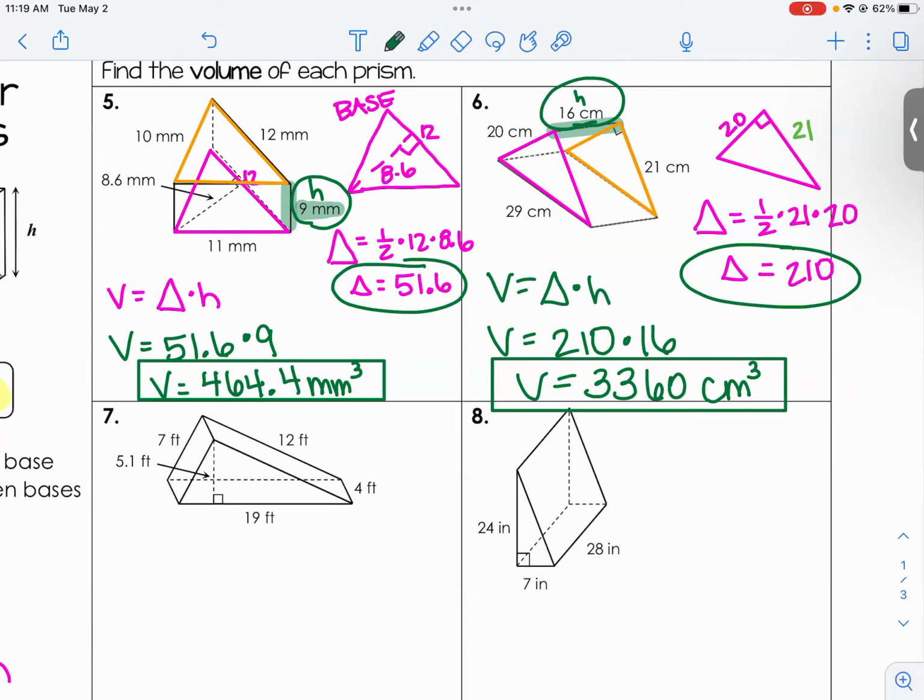So what we need to figure out. So the 19 is the base, right? What's the height? Okay, so you can use those to find the area of the triangle.